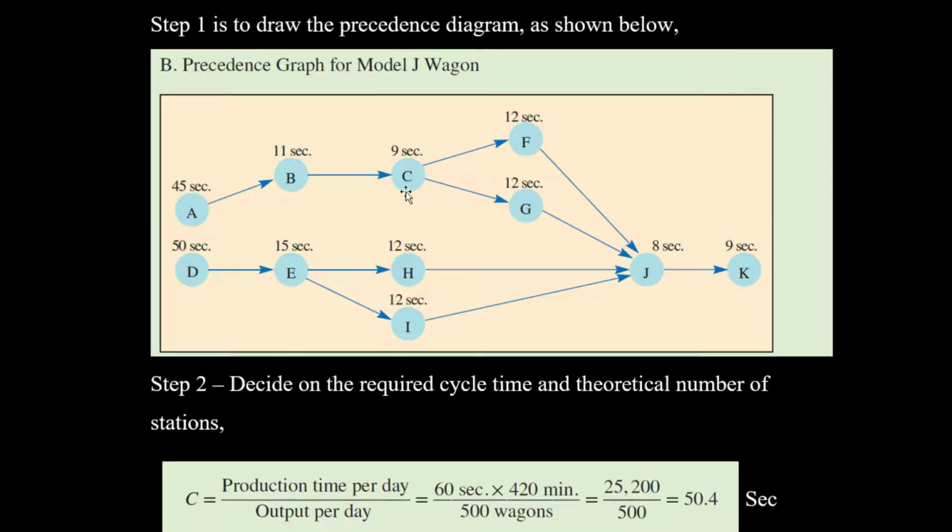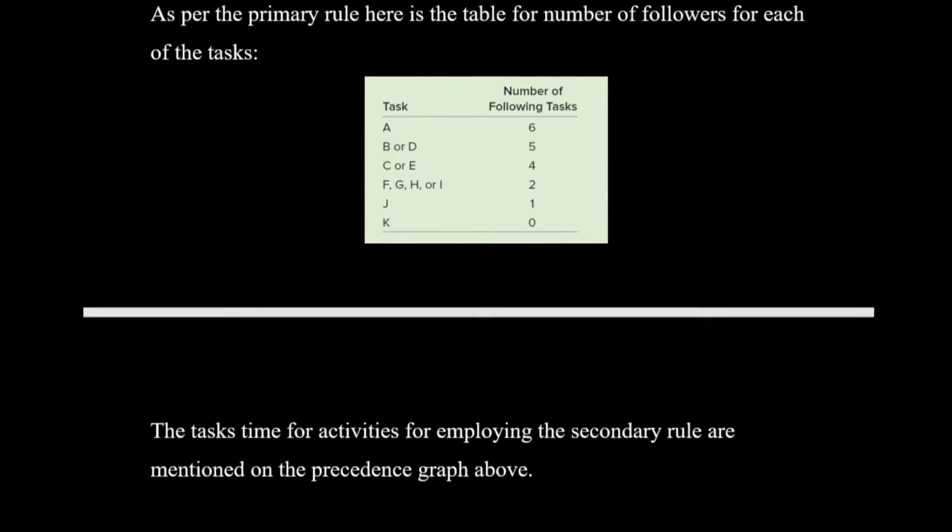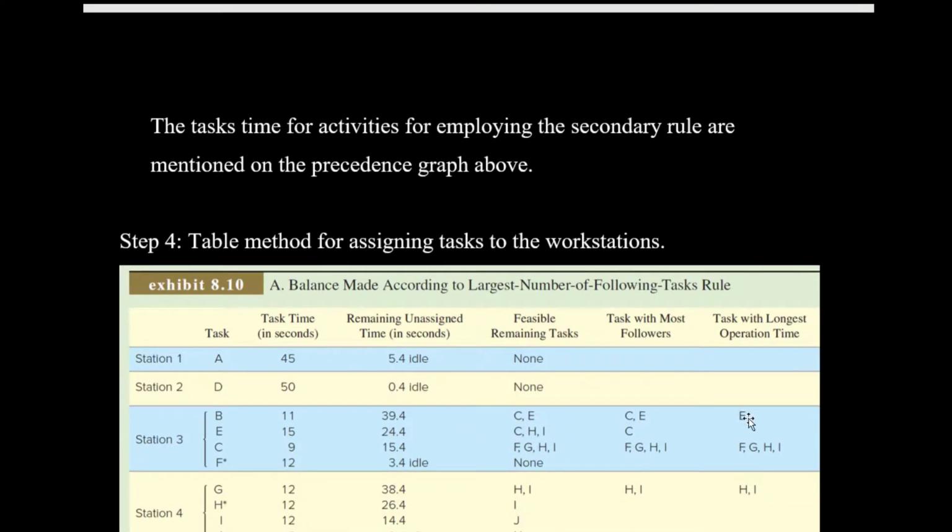C and E both have the same number of followers, 1 2 3 4, 1 2 3 4. But because E has the maximum task time, 15 seconds, obviously E will be our choice as the second task in station 3.